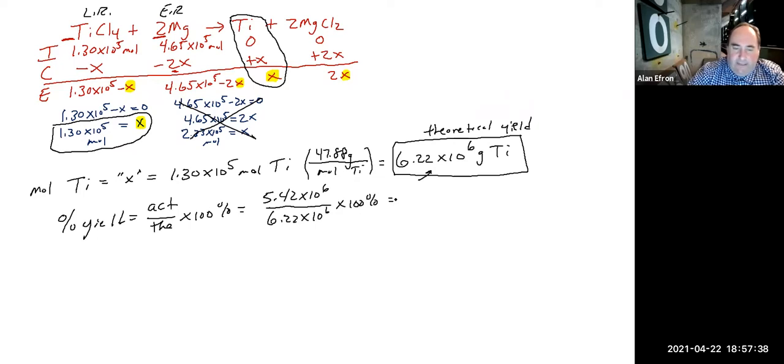And that would get us, looks like, 87.1%. Not terrible yield, so it's at least in the high 80s, I suppose. Question on any of those steps?